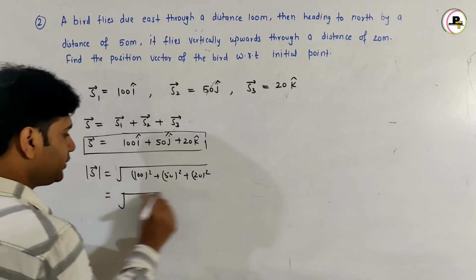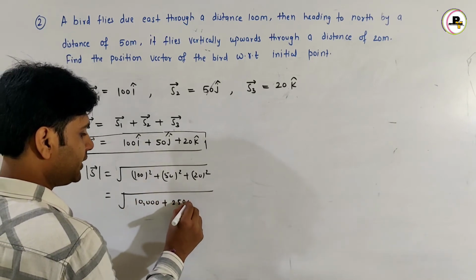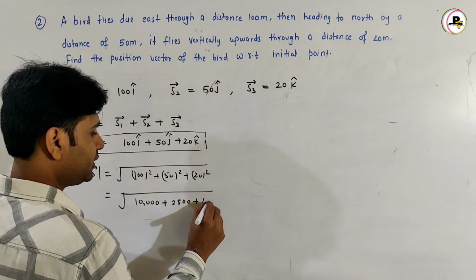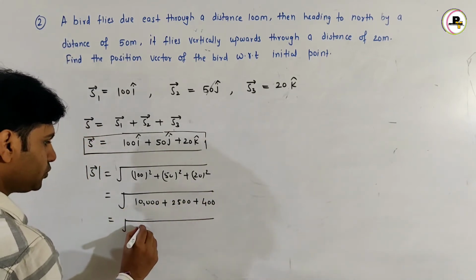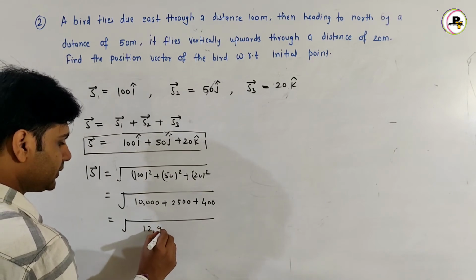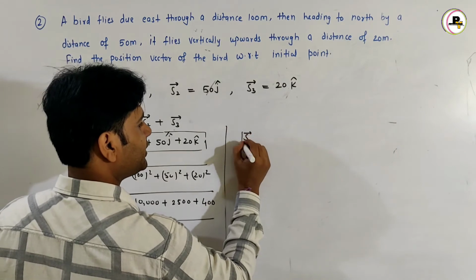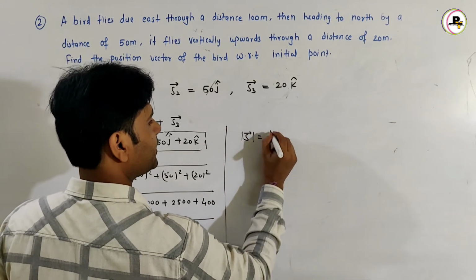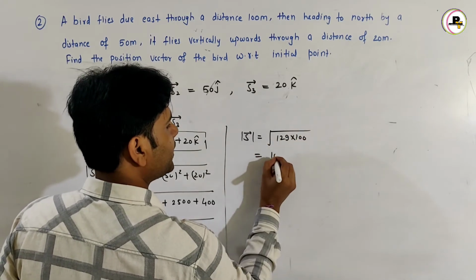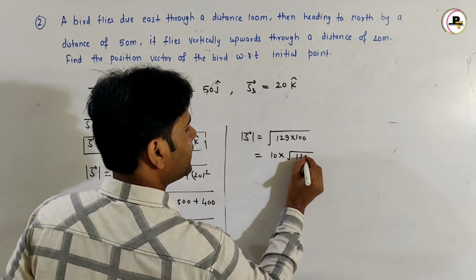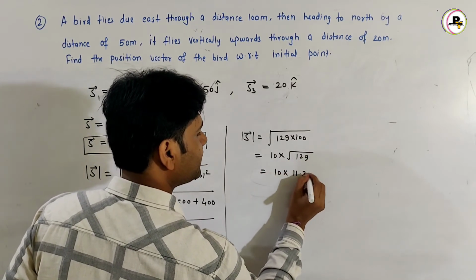And on squaring I get 10,000 plus 2,500 plus 400. On addition I get 12,900. Therefore mod of S vector equals to root of 129 into 100, that is equal to 10 root 129, which is almost equal to 11.36.